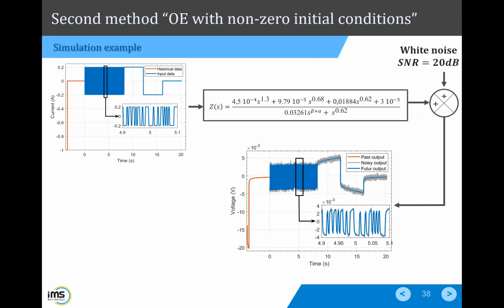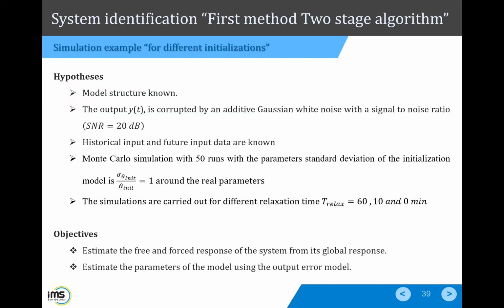Is it only one realization? No, it's 50 realizations, but for this plot, only one. But here, what we tried to show is that it depends on the initialization. We tried the simulation with different noise and had the same results. This is what we tried to show for this presentation.